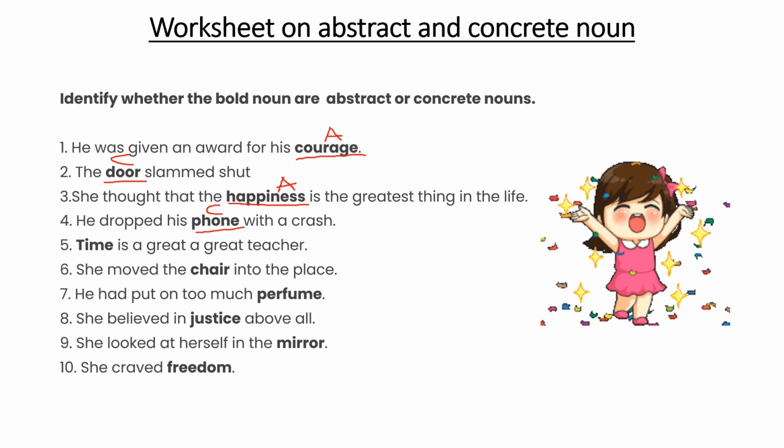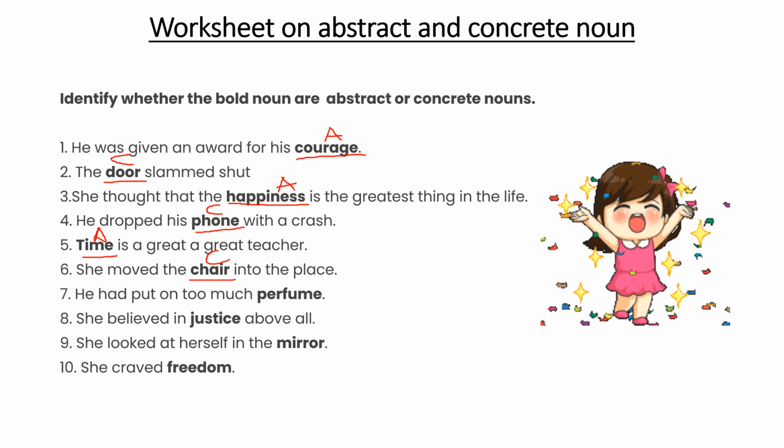Time is a great teacher. So time is an abstract noun. We can't touch or feel time. She moved the chair into the place. So chair is a concrete noun.